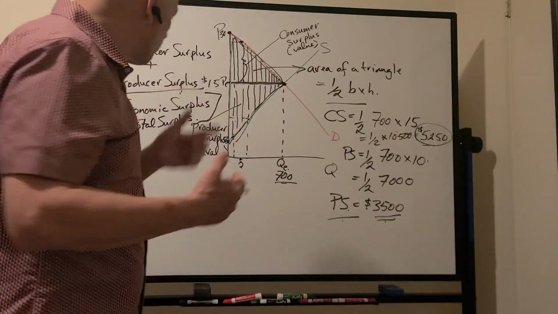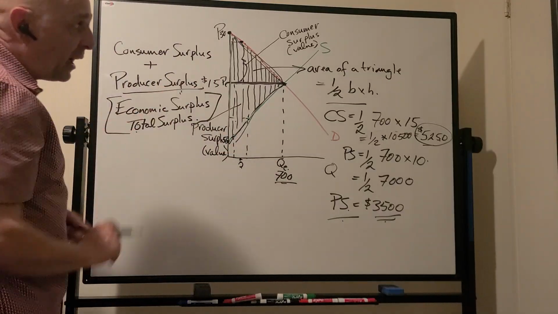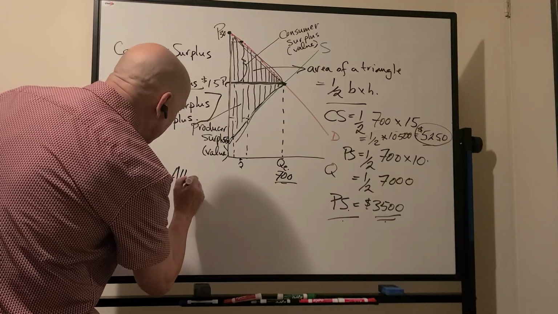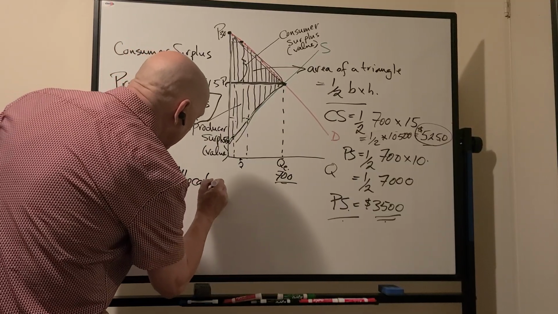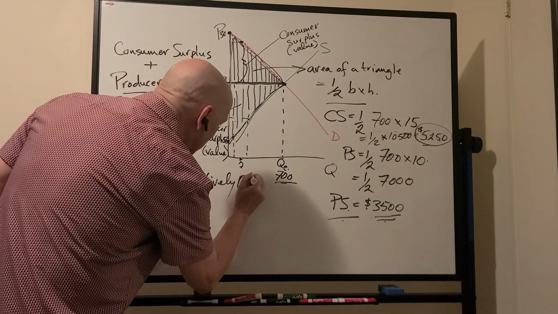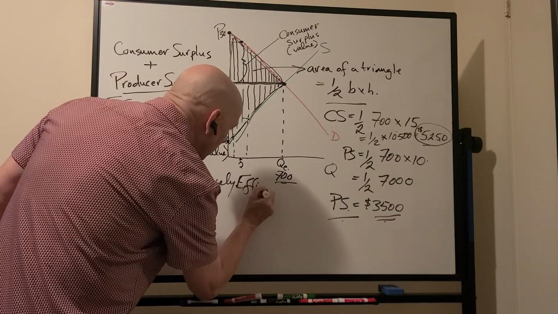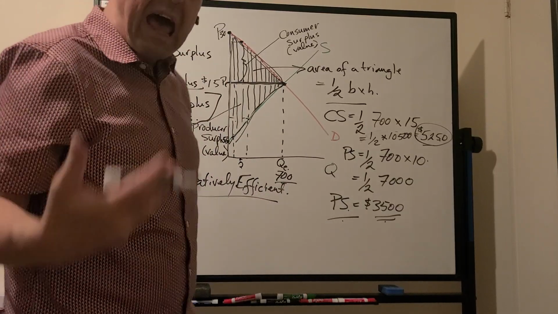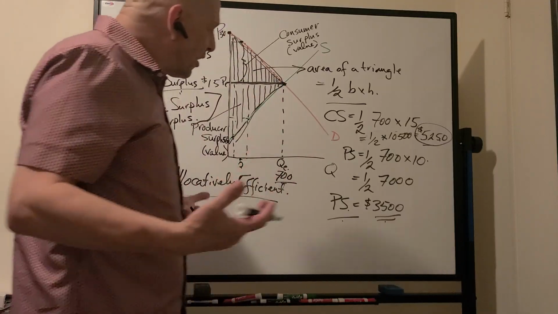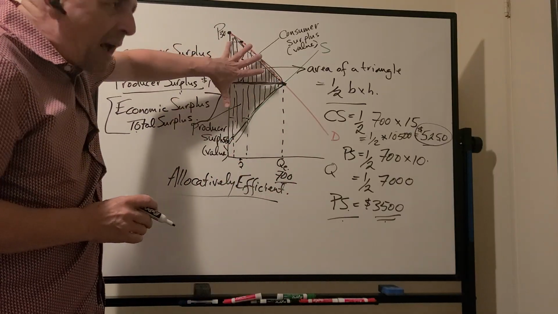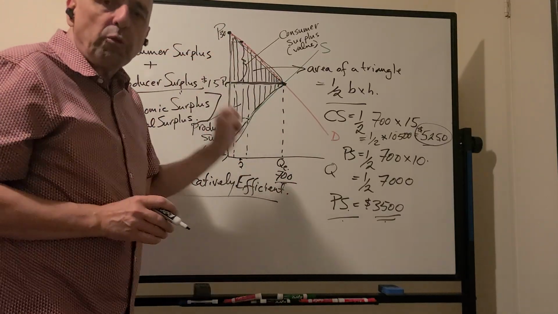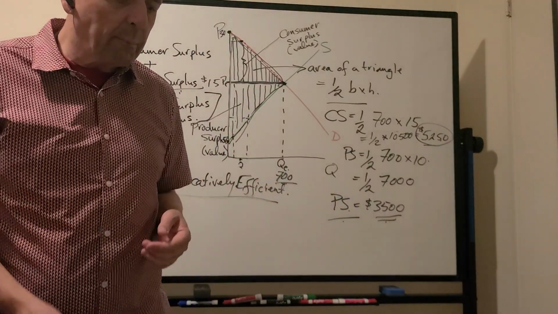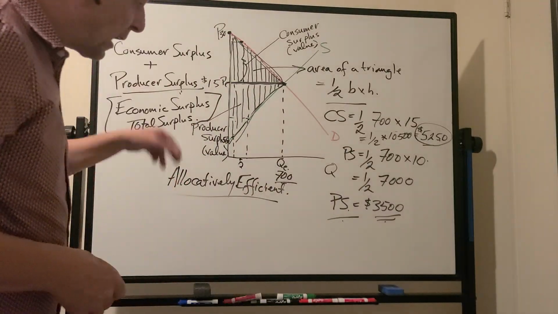So this is one of the reasons why we say that a market equilibrium is allocatively efficient. Right? Allocative efficiency. So we've allocated goods in such a way that we have maximized the value to the market. And that's one of the ways in which a market equilibrium is allocatively efficient.